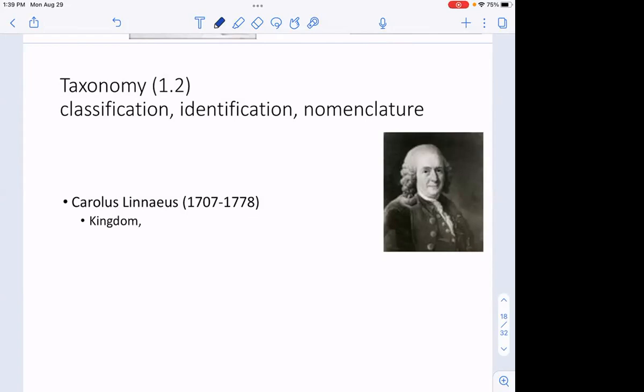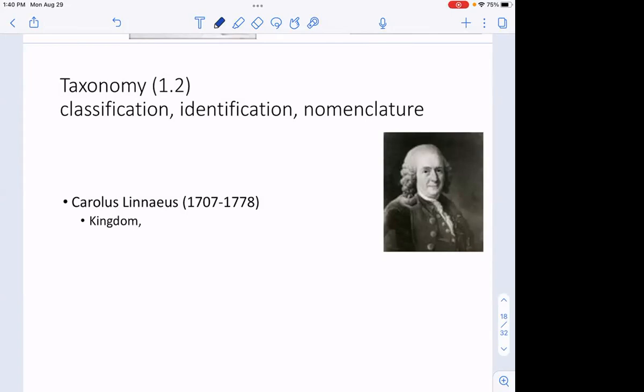So that's deciding what group the organism belongs to. And nomenclature refers to naming rules.